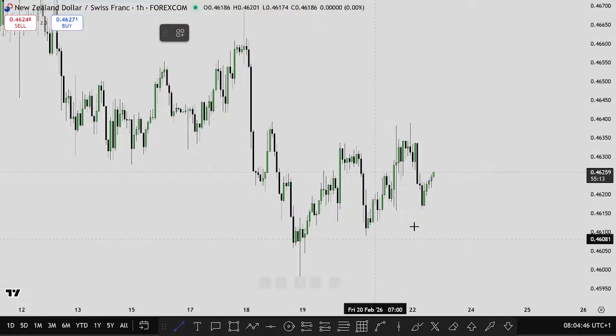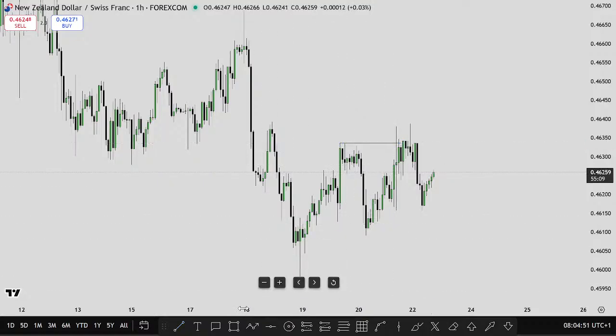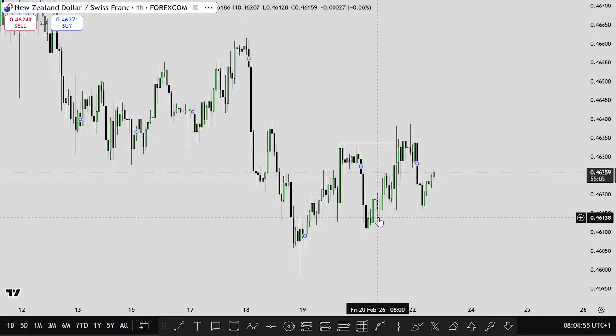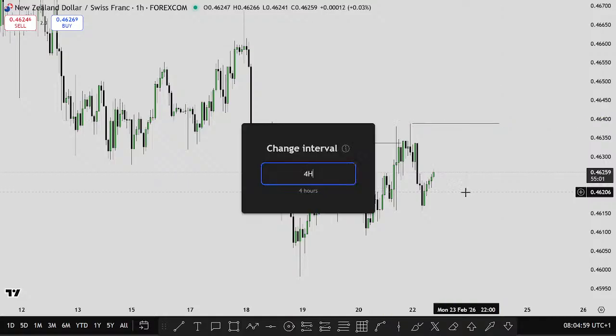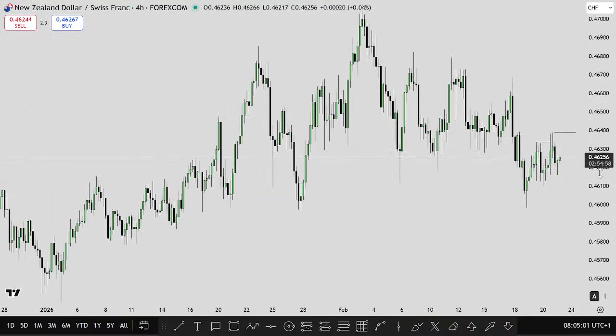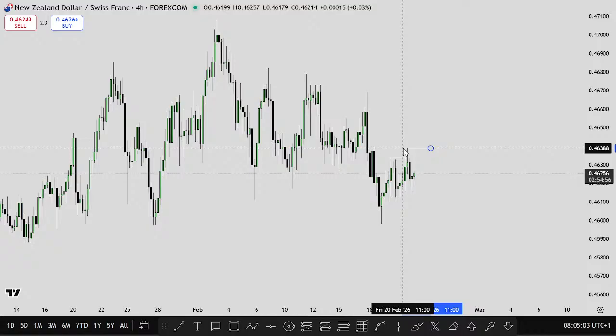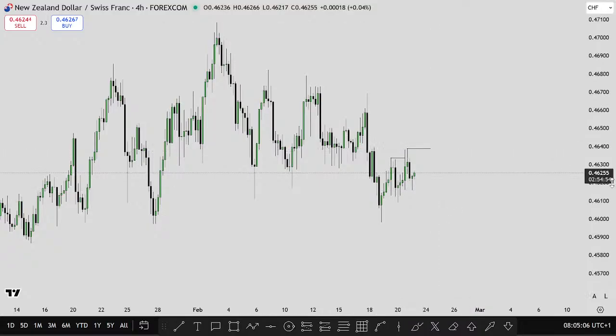Actually, I count this one here. It's just one. If price takes this one out, then I'll have two structures, and so I can then decide, okay, I want to buy. But for now I'll just leave it where it is.